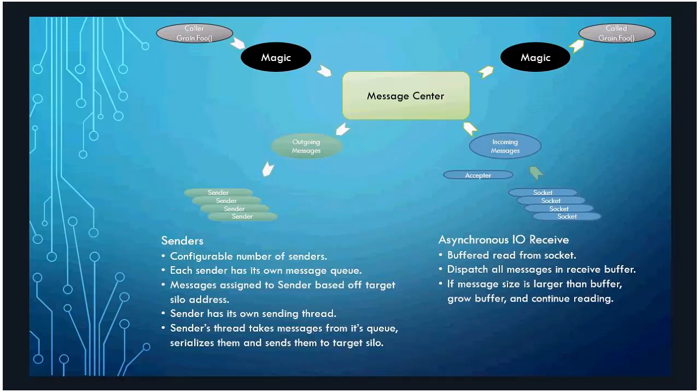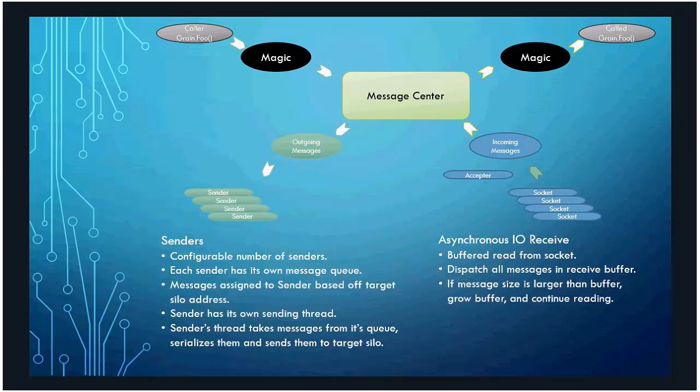But once it is a message, it's given to the message center, which looks at that message and decides whether it's a remote message or it's for its own silo. If the destination is itself, then it will just hand it directly back to the incoming messages to be dispatched to the grains on this silo. If it is for another silo, it will go to the outgoing messages.